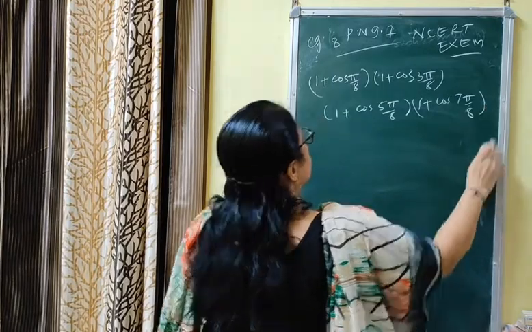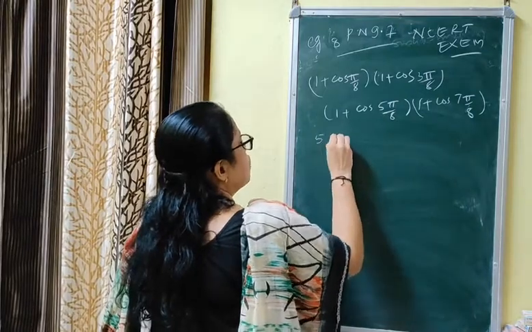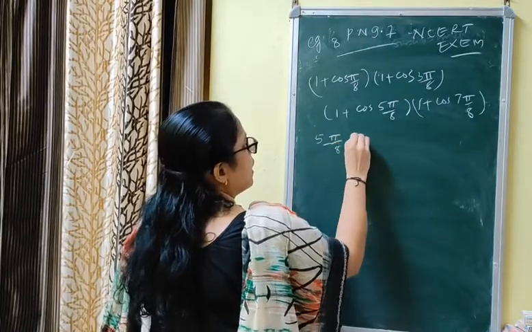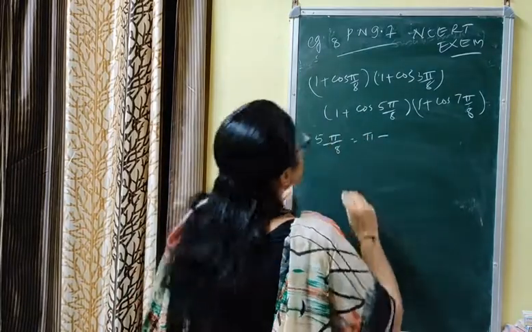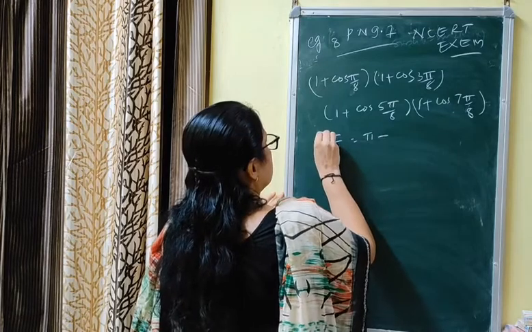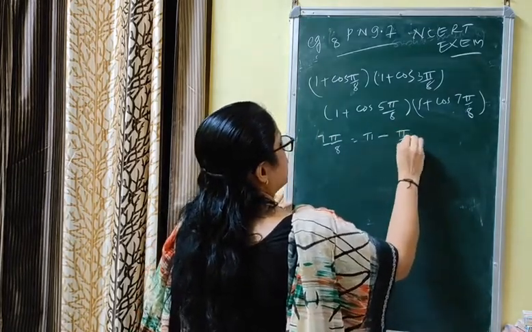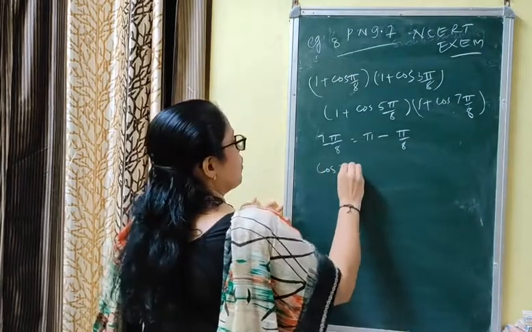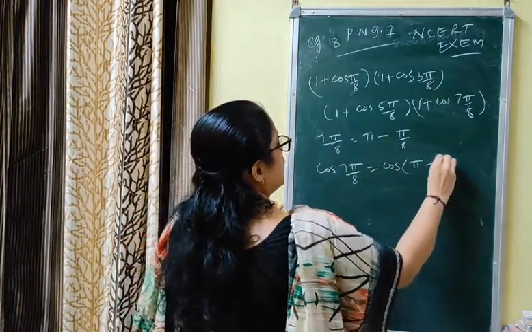Let us start from LHS. Before starting from LHS, let us see how we can change 5 pi by 8. First of all take pi by 8 and 7 pi by 8. 7 pi by 8 can be taken as pi minus pi by 8. Then cos 7 pi by 8 can be written as cos of pi minus pi by 8.